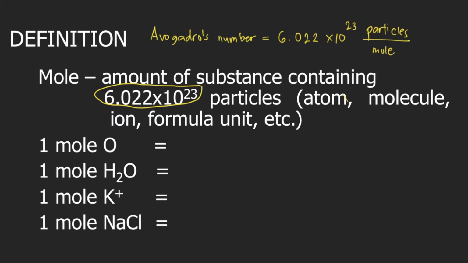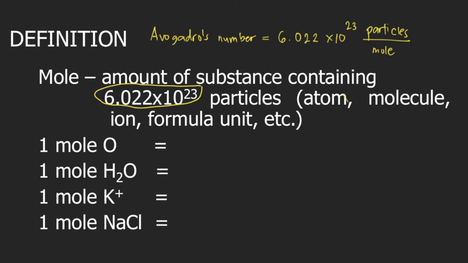Now, particles can be atom for single elements. It can be molecule for molecules. It can be ion for cations and anions, or it can be formula unit for ionic compound. So it depends on the nature of the substance.